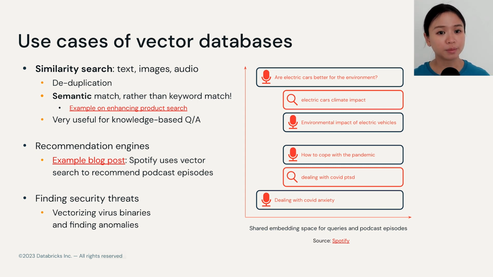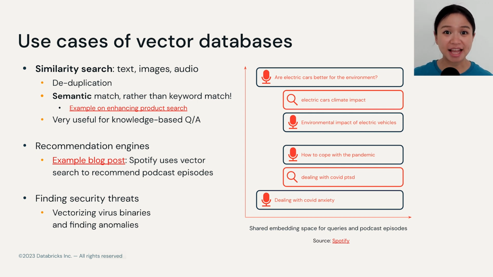Here is an example blog post published by Spotify that talks about how they use vector databases to help them build a recommendation engine for podcast episodes based on user queries. And lastly, we can also use vector databases or vector search in general to find anomalies and detect security threats.